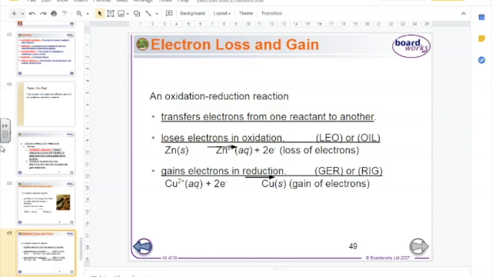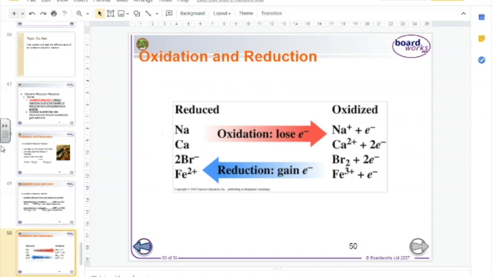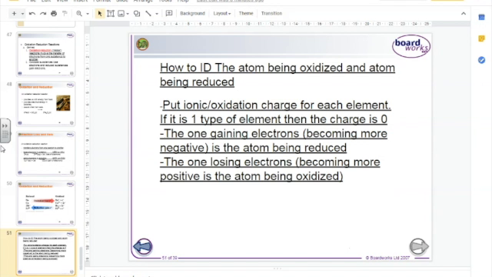It gains electrons in reduction, or gain of electrons, or I know it as reduction is gain. So just to reiterate that, oxidation, you lose electrons, like OIL RIG. Oxidation is loss. Reduction is gain.